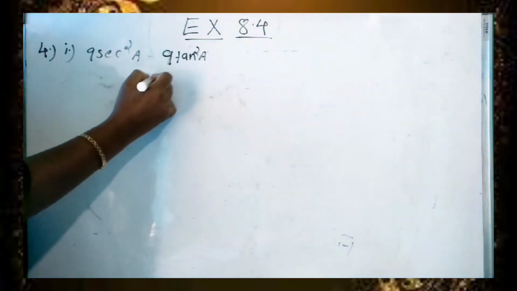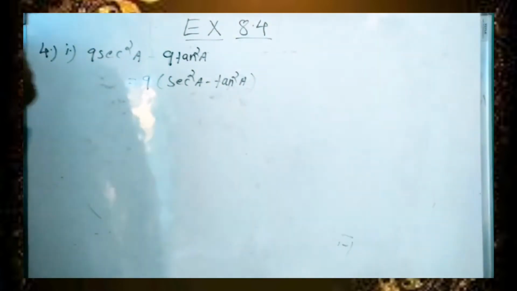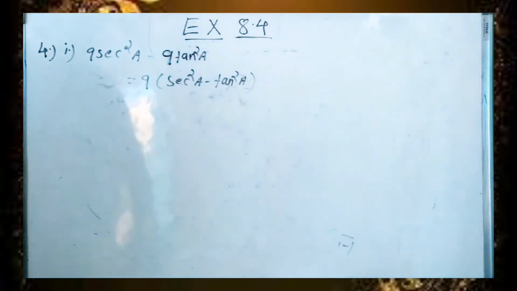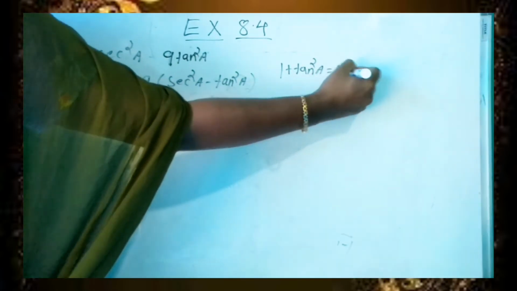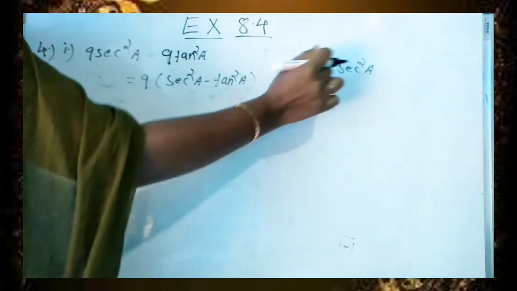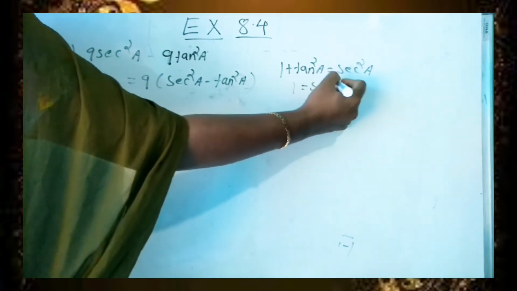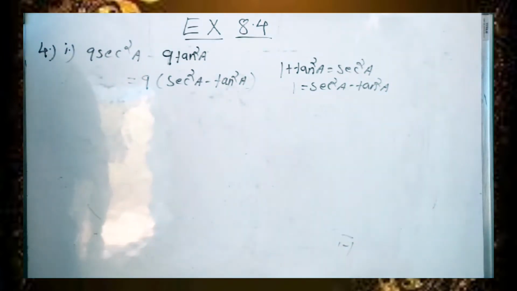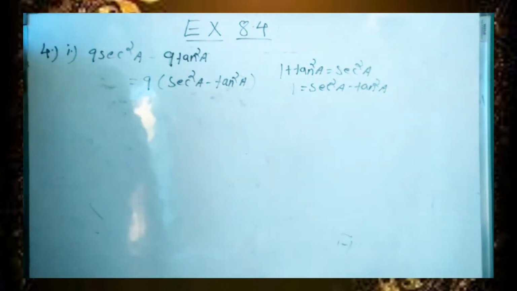So 9 sec square A minus 9 tan square A, thus we can write it as 9 of sec square A minus tan square A. And we have the identity 1 plus tan square A is equal to sec square A. From this identity, just take tan square A to the RHS, then we will get 1 is equal to sec square A minus tan square A. Now we can replace sec square A minus tan square A by 1.